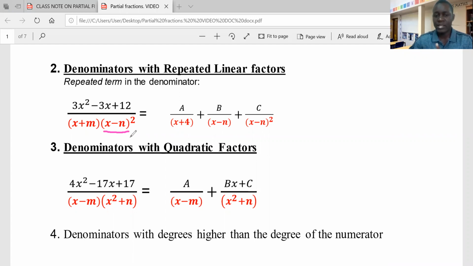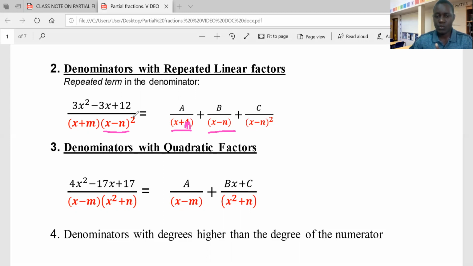So how do we express the partial fraction of this kind that has repeated linear factors? Because the factors are linear, we're going to have a over x + m. Sorry, this should have been m. So we have a over x + m, and then the next will be b over x - n. And the last will be c over (x - n) to the power of 2.